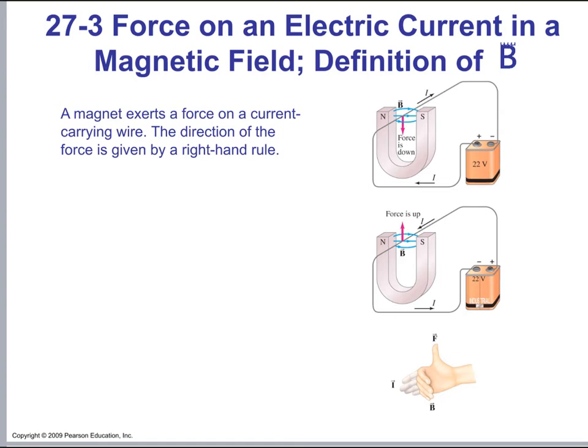The other situation that we've now just encountered is you have a current passing through a magnetic field that's already been created, and that current is going to feel a force. So what is the direction of the force on a current passing through a magnetic field? That's going to be your second right-hand rule.